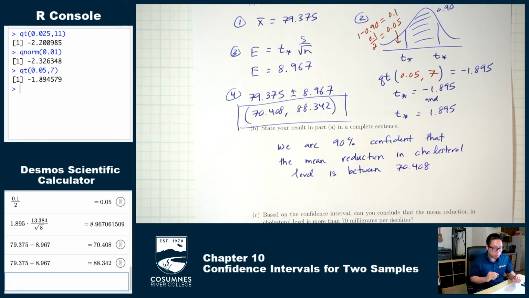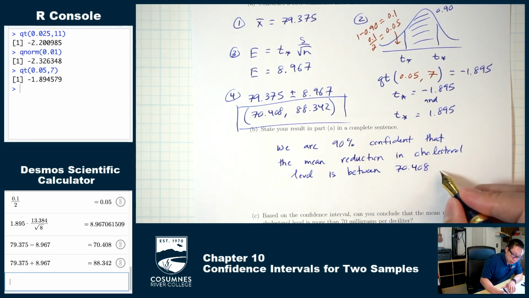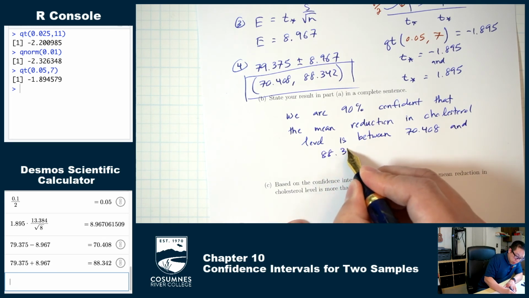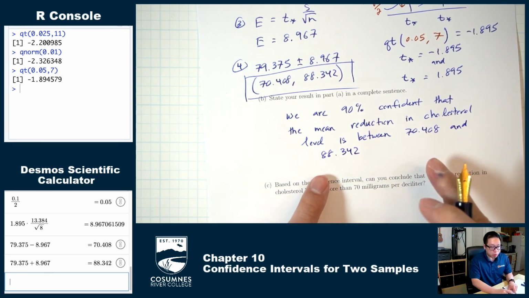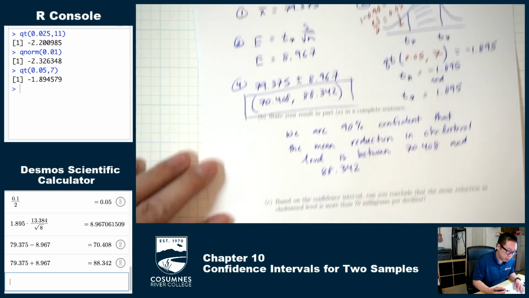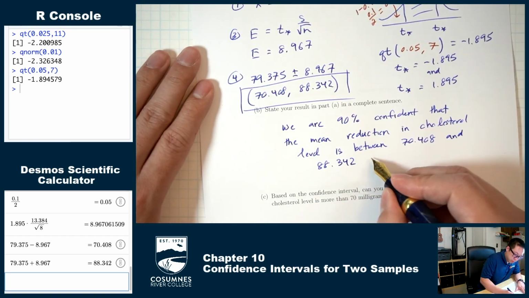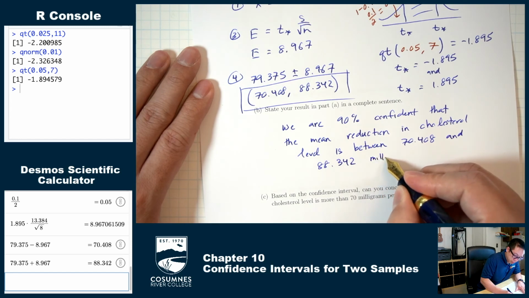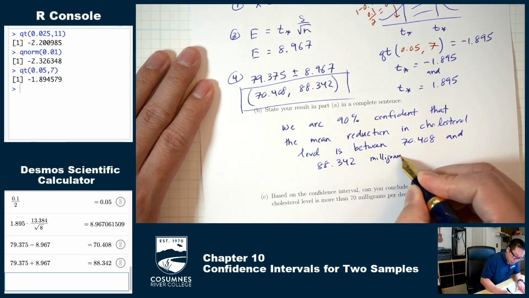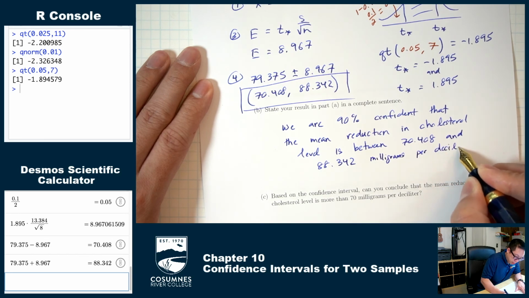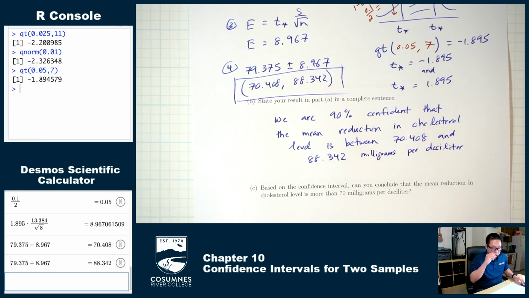We're talking about means here, so you don't convert this to percents. 70.408 and 88.342. So these are cholesterol levels. These should be what? Milligrams per deciliter. Those are the units for cholesterol level.